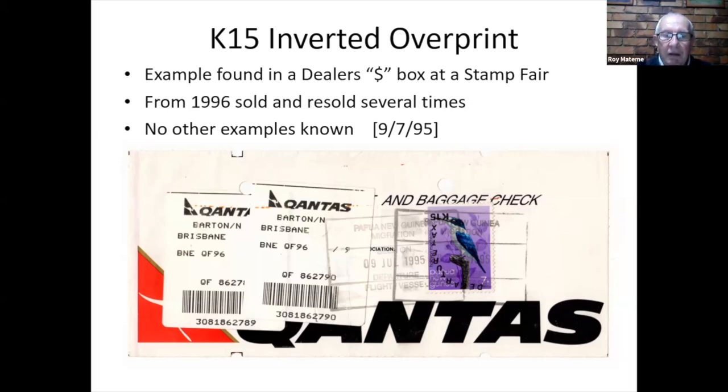Unfortunately, my research was done after the records from the Qantas office in Port Moresby were, I guess, destroyed, and I knew the people in the Qantas office in Port Moresby, so they could not help me. I've searched high and low. People, look out for that. It's quite a valuable stamp, that one, if you can find another one. And of course, you'll let me know too, won't you?